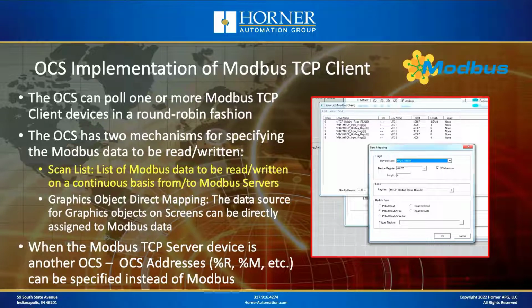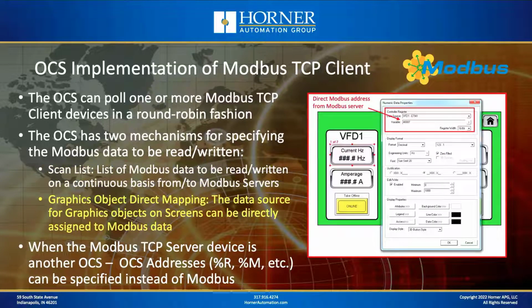The first method is really the one that works the best most of the time, and that is creating a scan list. So in the OCS that's acting as the client, you create a list of all the servers and the data within the servers that you want to poll continuously on a read-write basis. So that is probably the way that works the best, or at least offers the highest performance typically.